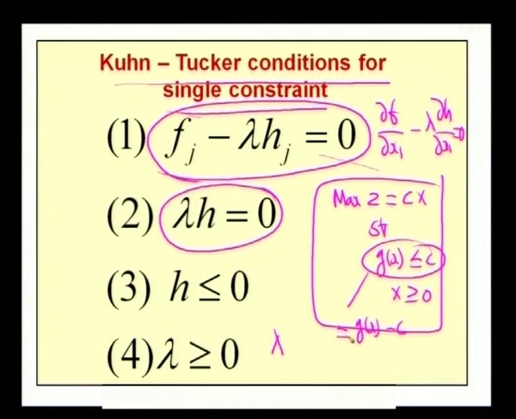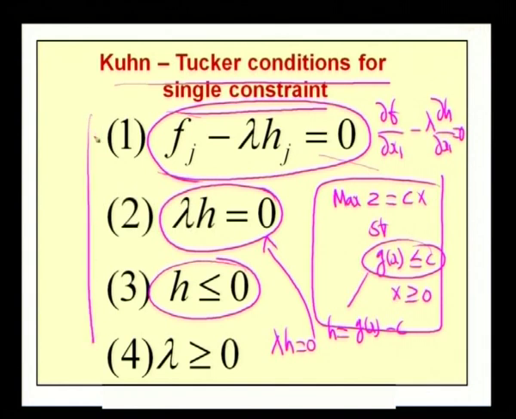The third Kuhn-Tucker condition is h less than or equal to 0, and the fourth condition is lambda greater than or equal to 0.